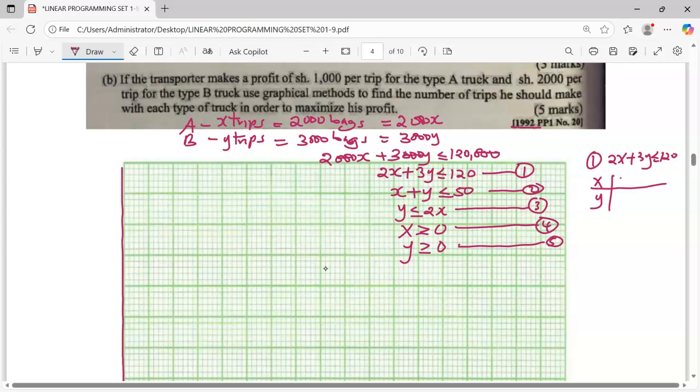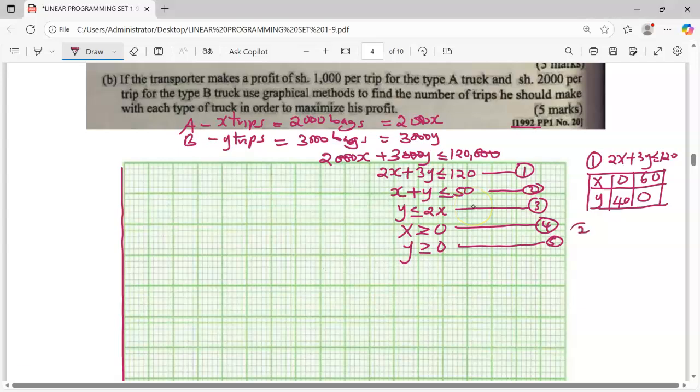We can assume the value of x is 0, such that 120 divided by 3, you get the value of y as 40. And if we assume y is 0, then x is going to be 60. These 2 points are enough for us to draw that line.